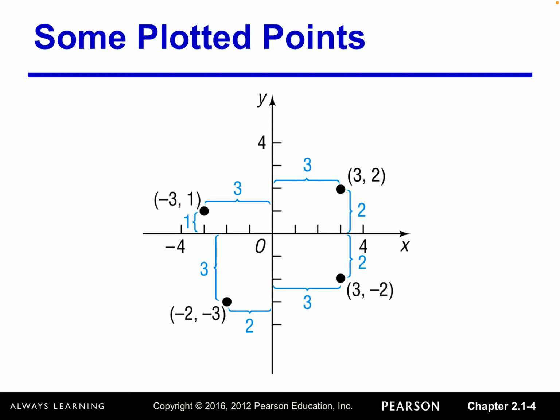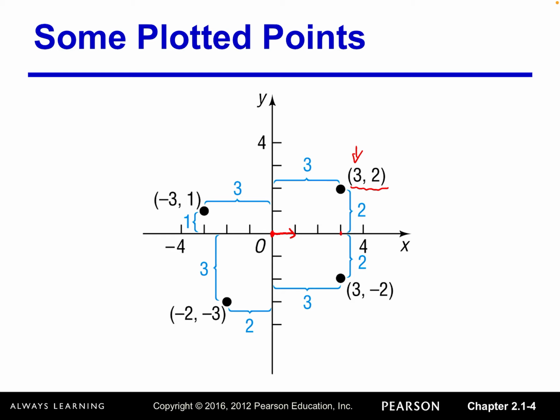Now let's see how we can plot points in a rectangular coordinate system. For example, to plot the point (3, 2), your pen should always start from the origin, and then read the x coordinate, positive 3, so your pen goes horizontally to the right, 3 units: 1, 2, 3.